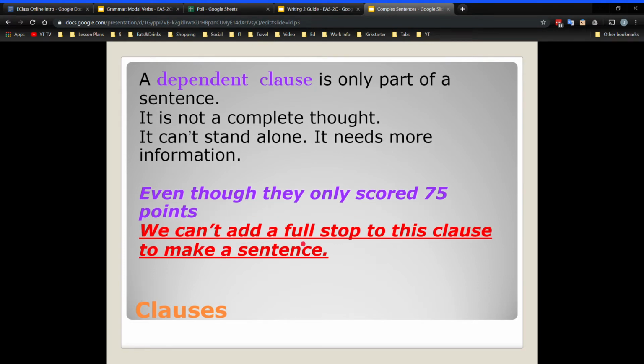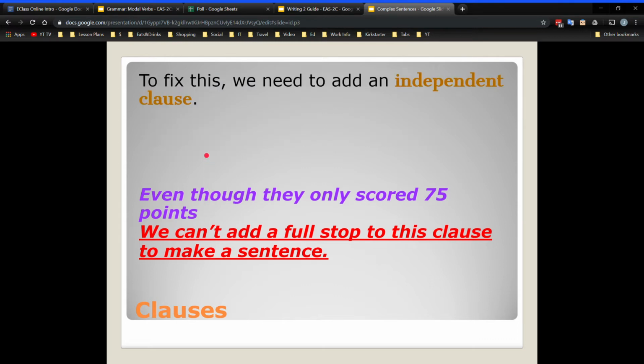So we can't add a full stop to this and make it a sentence. If you did that in your writing, you would lose points for content because it wouldn't really make sense. Okay. So to fix this, we need to add an independent clause.